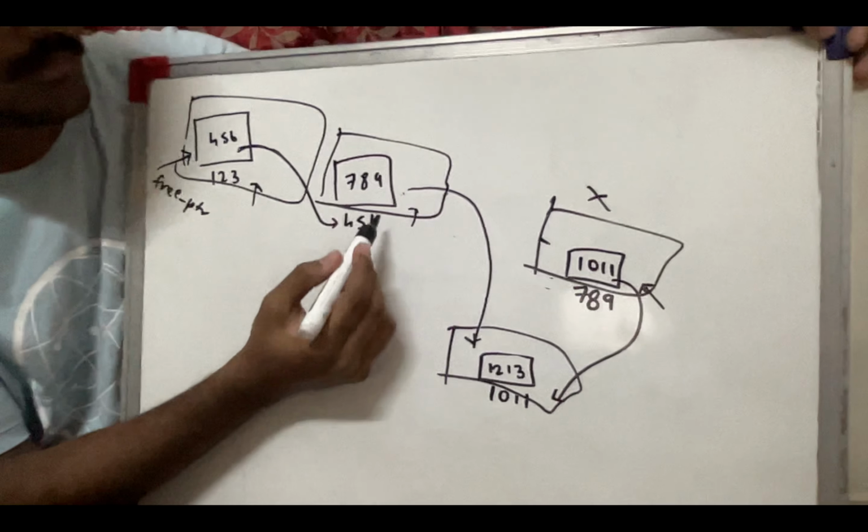I can just say, skipping the allocated block, the chosen block, and making the previous block point to the next block.